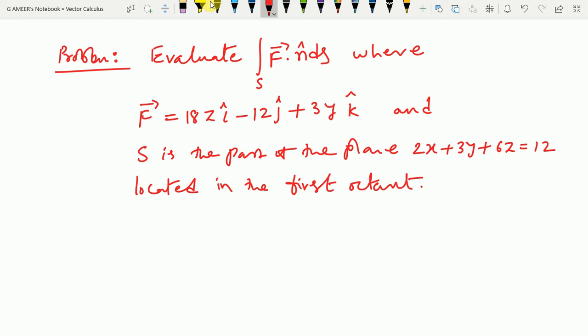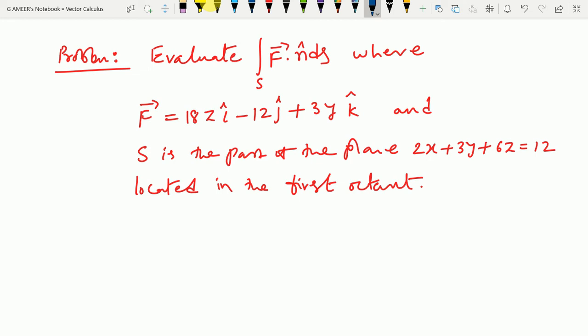So we need to evaluate the surface integral of the vector field f is equal to 18z i cap minus 12 j cap plus 3y k cap across the area that is defined by a plane which is located in the first octant.